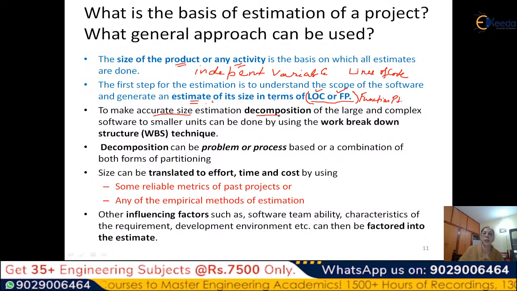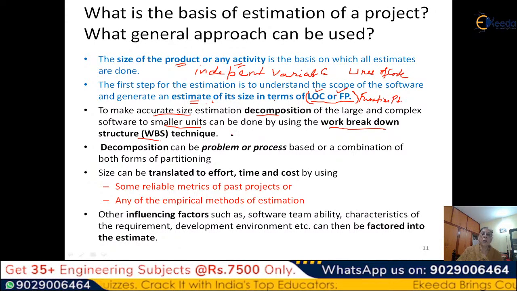You can decompose the large complex software into smaller units. We have done this partitioning in the designing also. The similar way we have to do. If we have already got it, it's very good. Otherwise, if it is not done in the way that we can plan, then we will again use something known as the work breakdown structure or WBS technique.